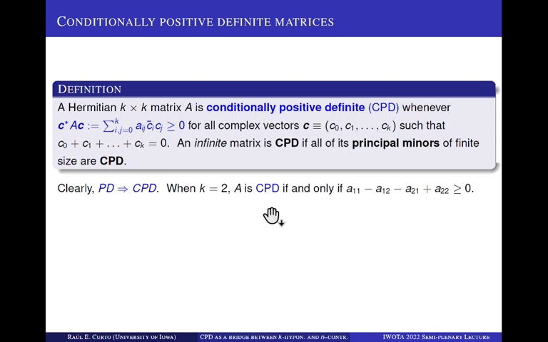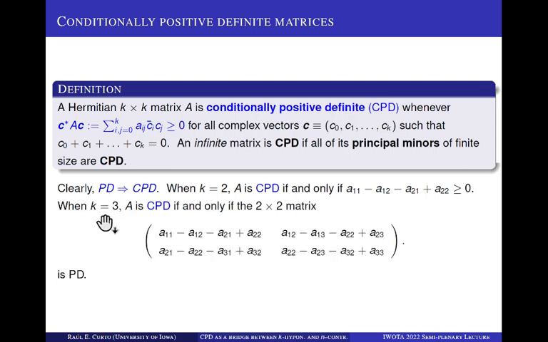When k is equal to 2, A is CPD if and only if A11 minus A12 minus A21 plus A22 is greater than or equal to 0. So it's like a determinant that is badly computed using sums instead of products: A11 plus A22 minus A12 minus A21. When k is equal to 3, A is CPD if and only if this 2x2 matrix is PD.